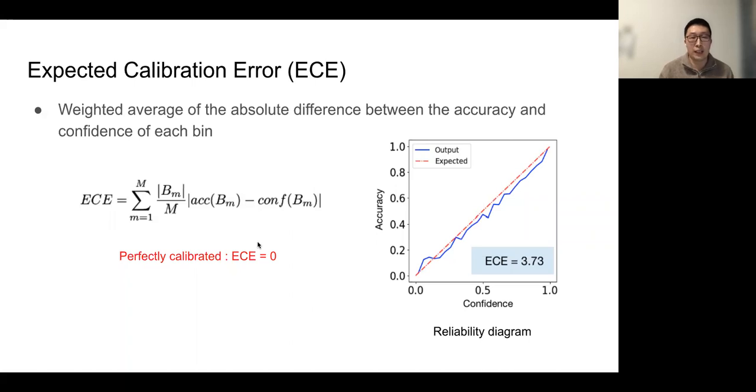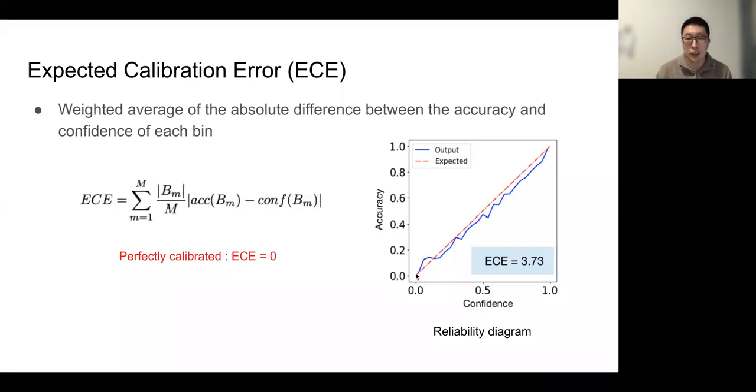So to quantify the calibration performance, we usually use this metric called expected calibration error, denoted as ECE. For a trained model, we can get this reliability diagram by plotting its accuracy versus its confidence.